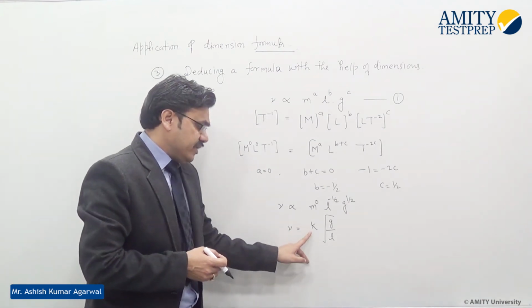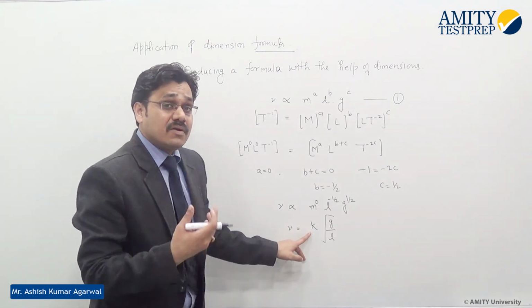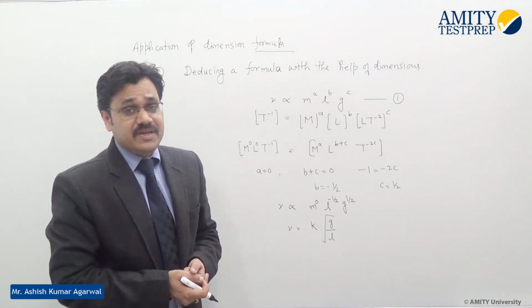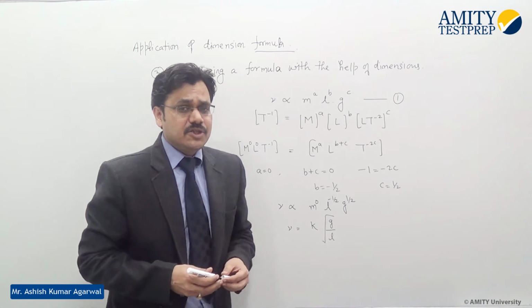Here it is worth noting, we can't find out that constant value properly unless I know what the value of the constant should be. So this is a limitation also.